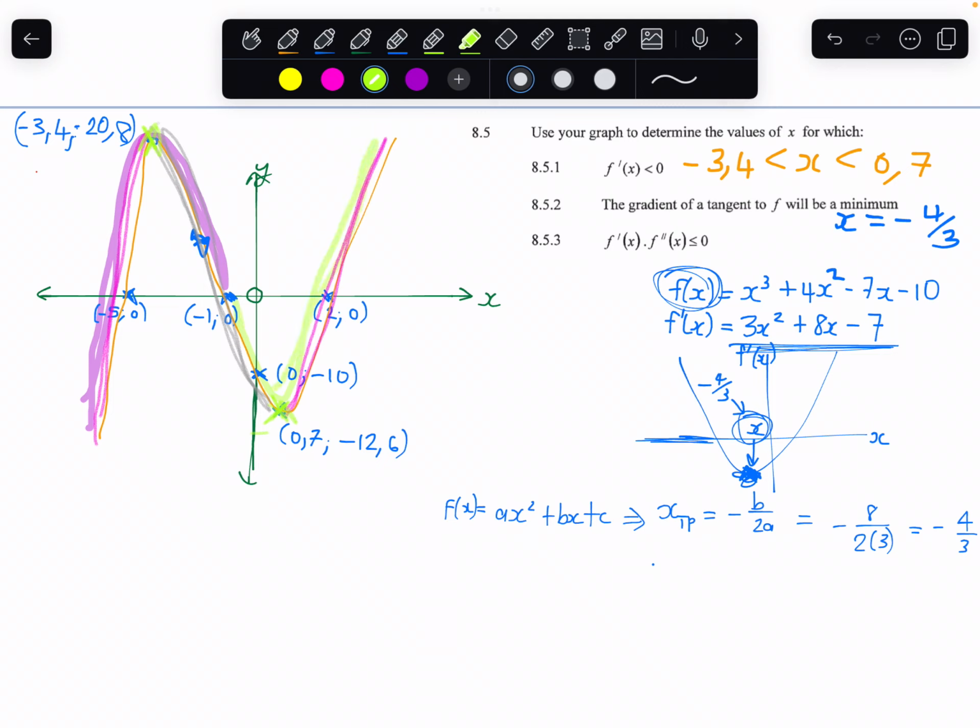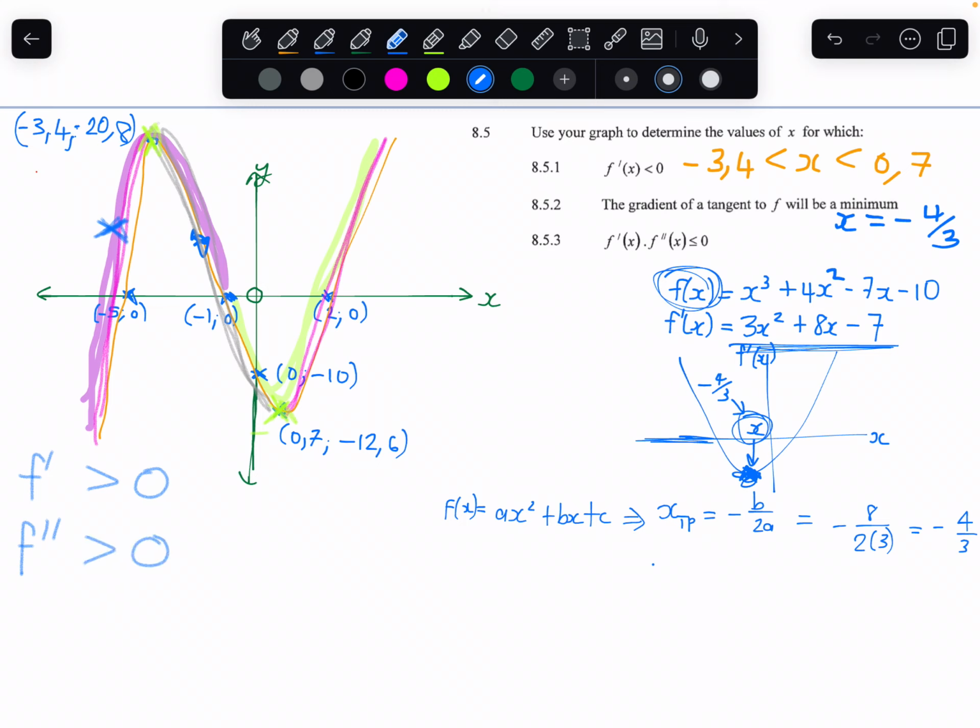Okay, so if we were to take an x value over here, f prime is positive at that point, because the graph has a positive gradient there, and f double prime would also be positive at that point, because the graph is still concave up.